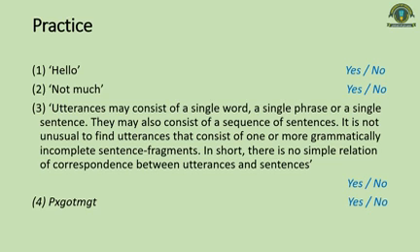In short, there is no simple relation of correspondence between utterance and sentence. And the fourth one is simple alphabets: P, X, G, O, T, M, G, T. Now students, take the first one, hello. So we can say that it can be taken as an utterance.